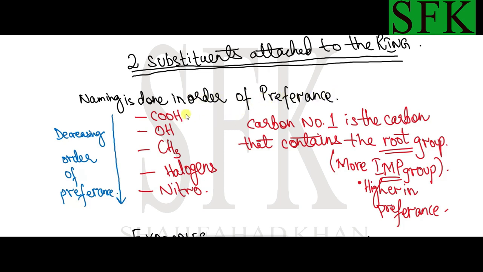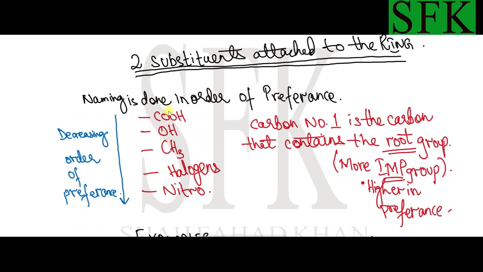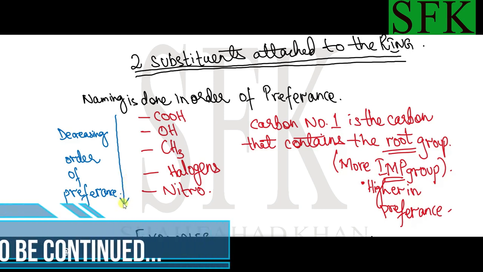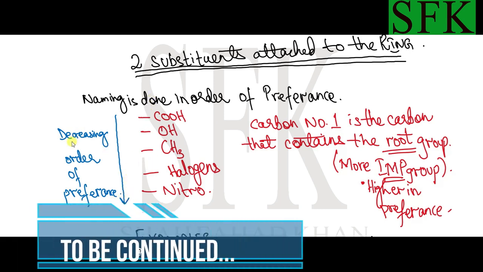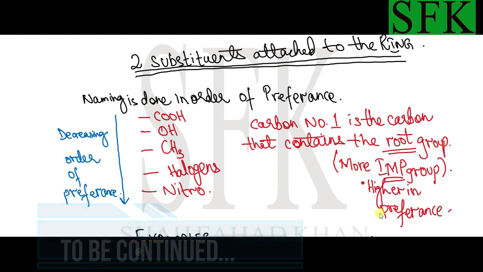Order of preference meaning this is a series over here of different functional groups: carboxylic acid, OH group, methyl group, halogens, and nitro group. This arrow indicates that going down this series, the order of preference decreases. Carbon number 1 is the carbon that contains the root group. The root group is the one which is higher in preference.